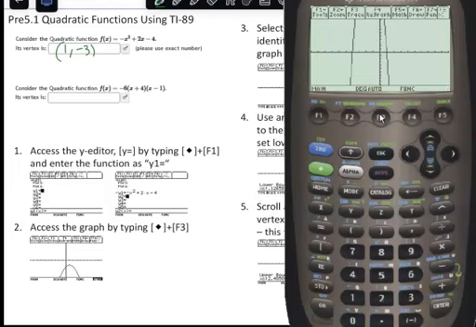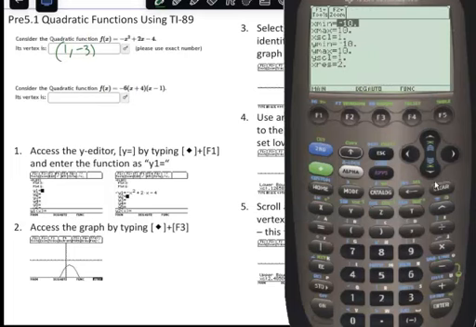Now, if I need to see where this is located, I can start to zoom out using my window settings. If I hit window, notice I need to go up higher on my Ys. So my Y maximum, to see where that goes, I need to change this. You can change it to whatever you want.